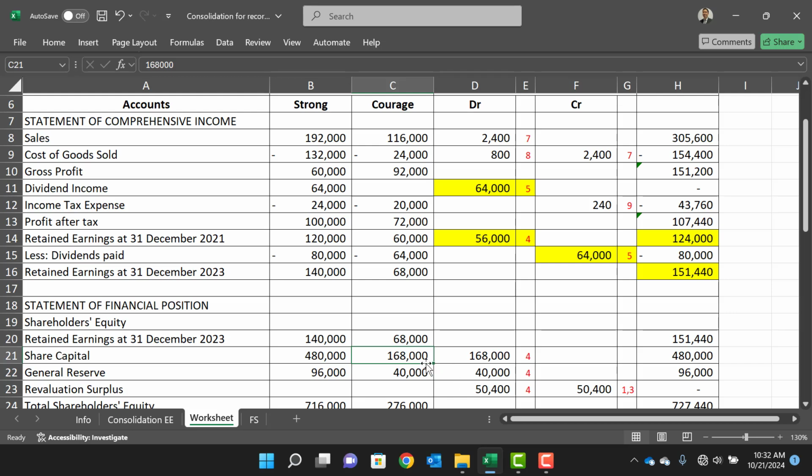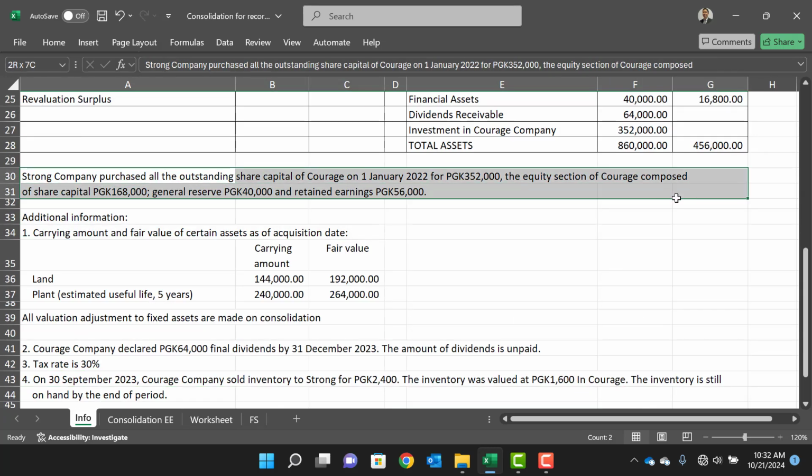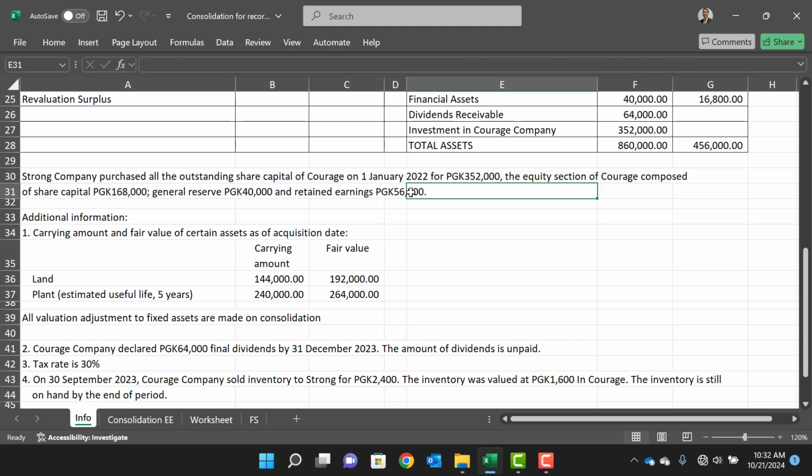But be mindful that the amount you need to include in the consolidation to eliminate is the amount at the consolidation period. So the amounts you need to eliminate here will be share capital 168,000 kina, general reserves 40,000 kina, and then retained earnings 56,000 kina.